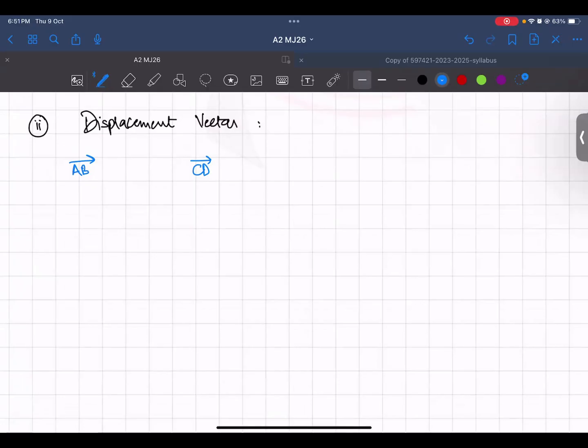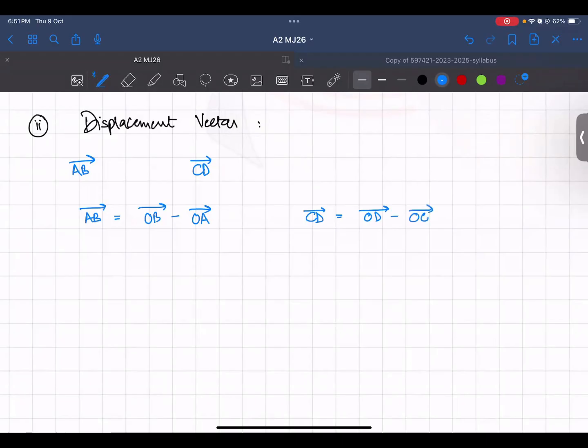And how can you open it up in terms of position vectors? AB can be opened up like this: OB minus OA. So the position vector of the second letter minus the position vector of the first letter. Similarly, if it is CD, I can open it up like OD minus OC.